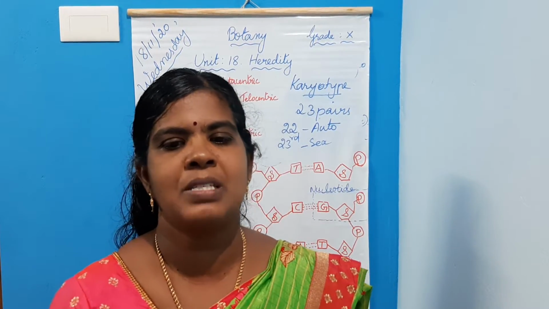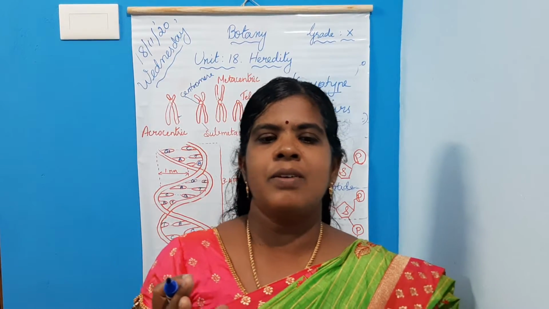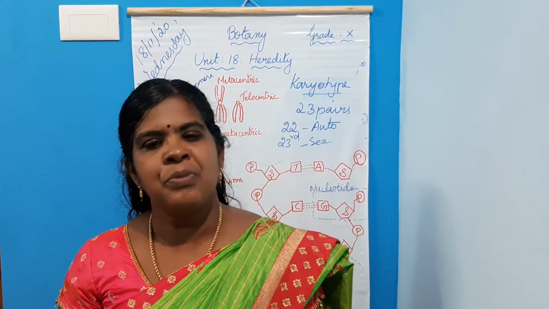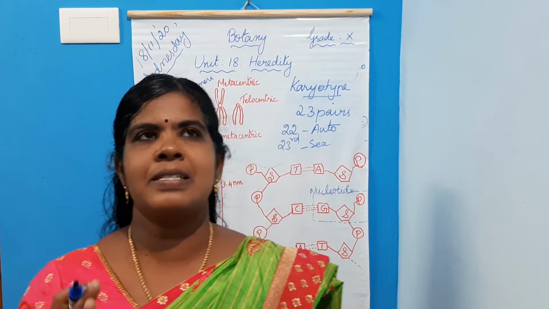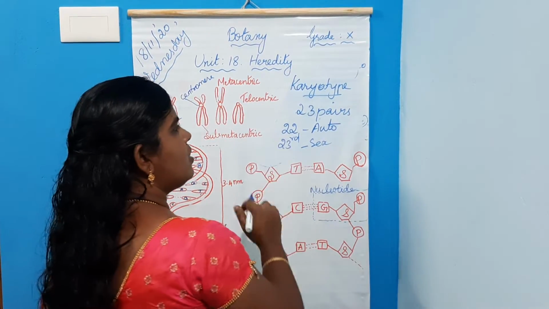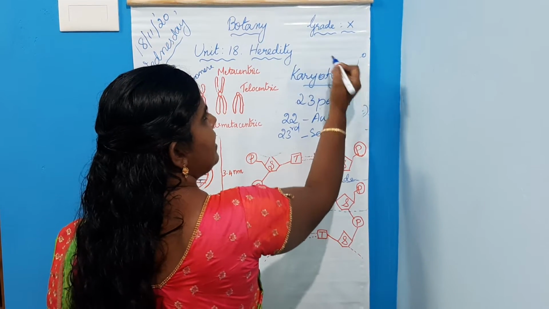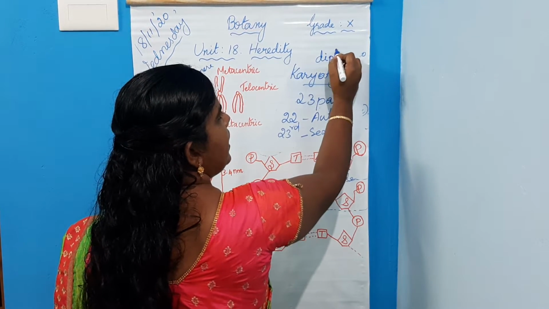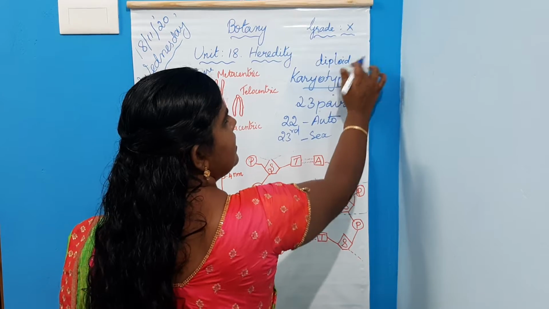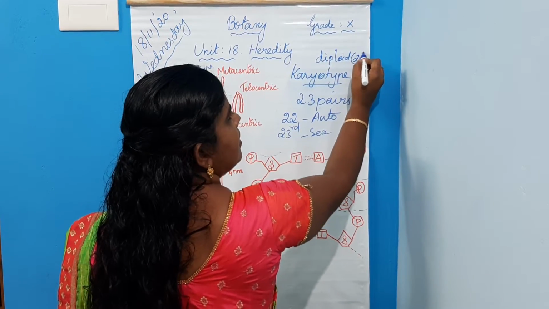They are called allosomes or sex chromosomes. In the body cells of sexually reproducing organisms, the chromosomes generally occur in pairs. That is called diploid, designated as 2n.